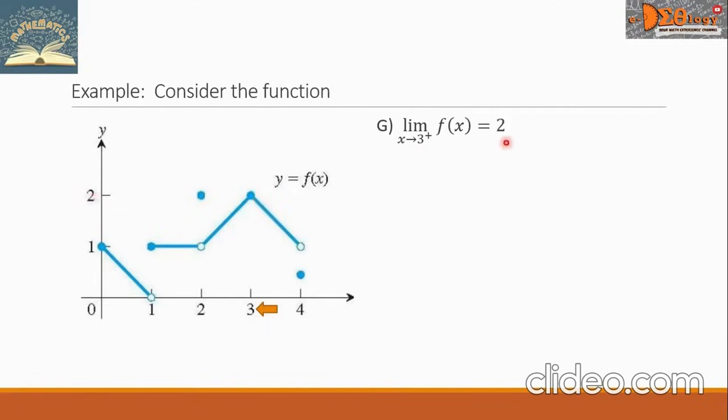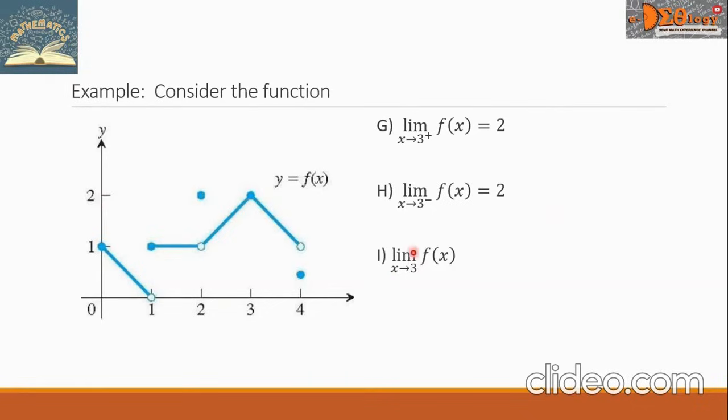So we write here 2. Example H is the limit of f of x as x approaches 3 from the left. So the number 3 is here. When x approaches 3, the graph is approaching a value of y, which is 2. So we write here 2.